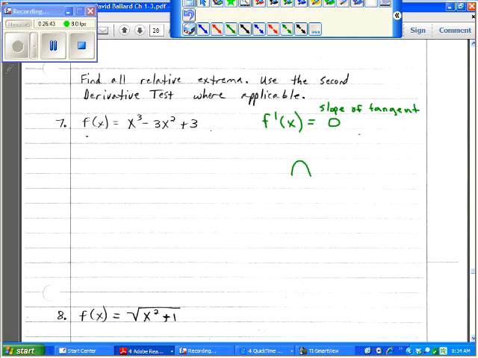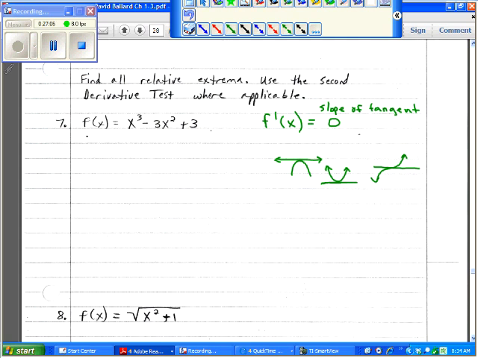You've got to be visualizing that the slope of a horizontal line is 0, right? Or you're visualizing one of the inflection points, you see.